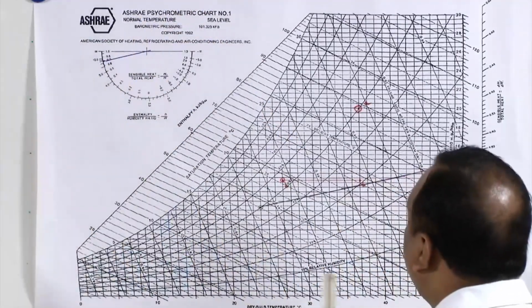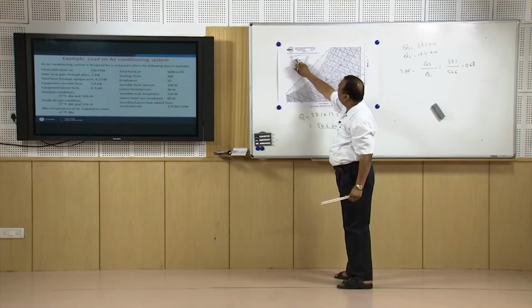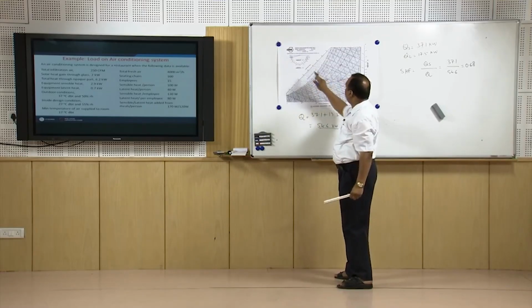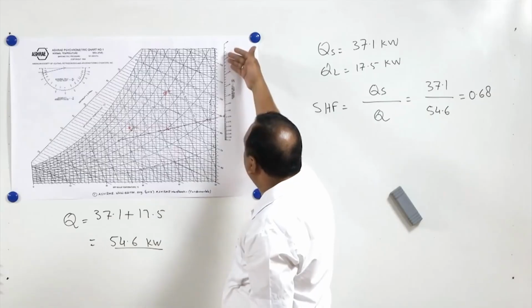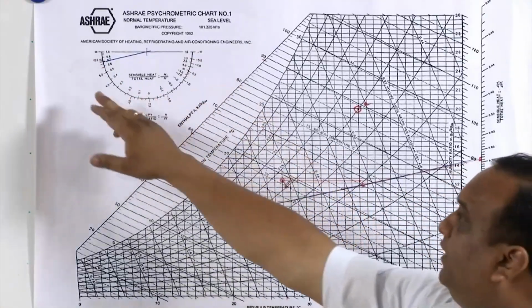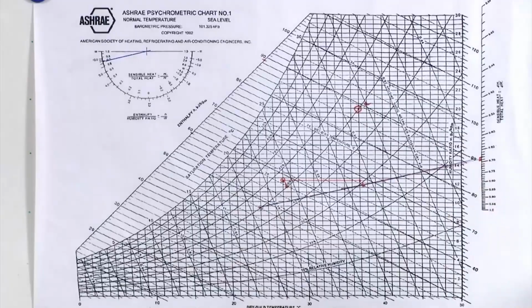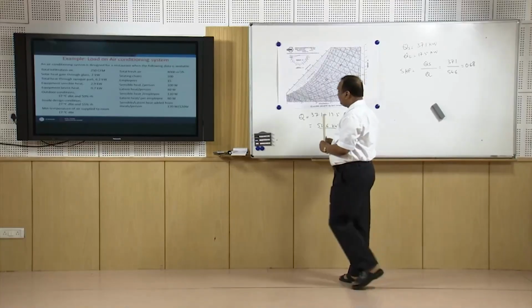Any line parallel to this line will show the sensible heat factor of 0.68. In fact, this line and this line are parallel. So you can choose either way, either these marks or this half circle, and you will get the same results. So this is our sensible heat factor line.